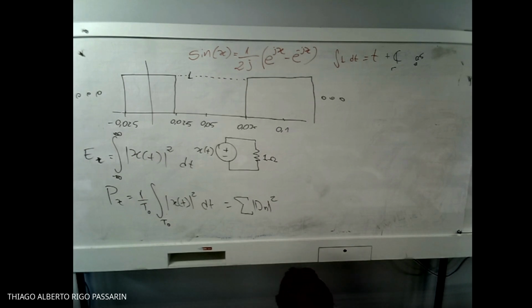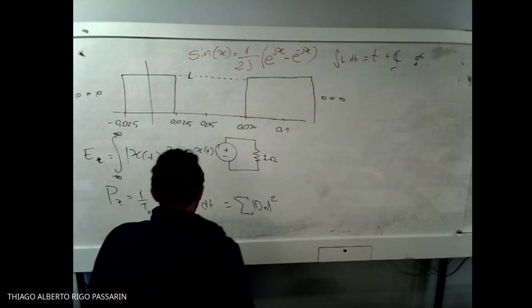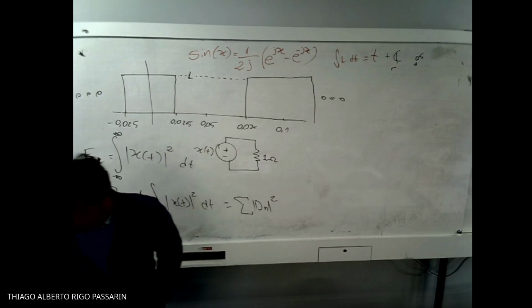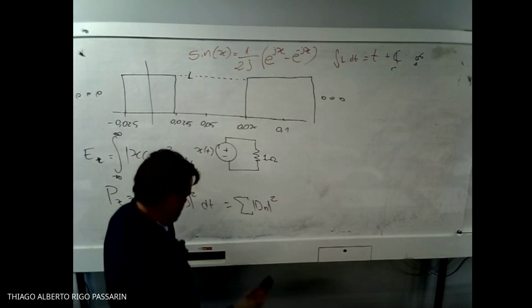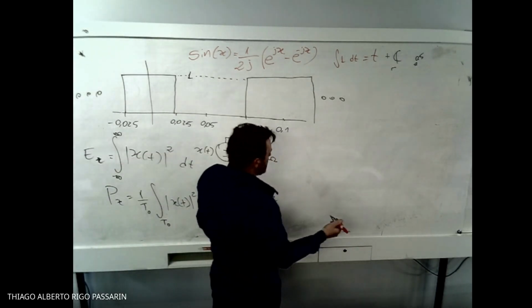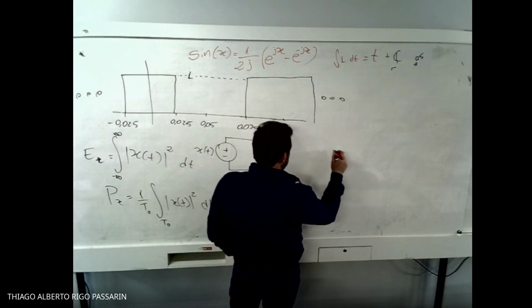So the power of the signal as a function of n, n being how much I am truncating the signal.